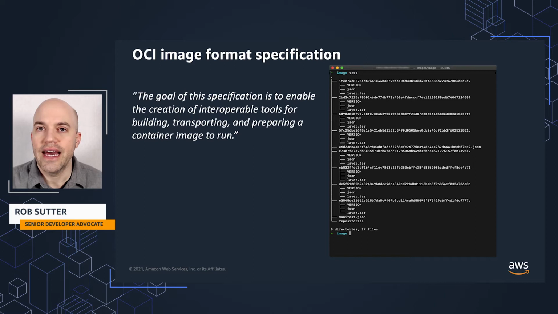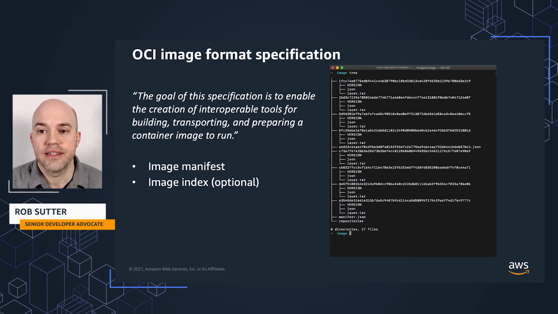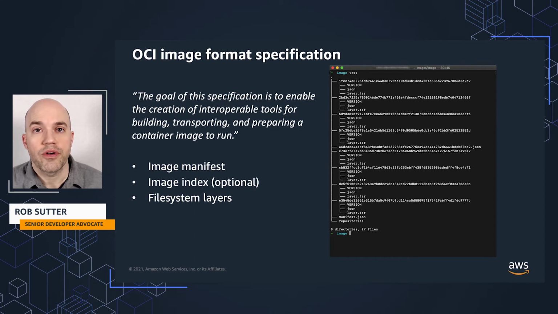There are a few key elements included in an OCI image. First, there's the image manifest, a JSON document that describes the components that make up the container image. There's an optional image index, and the file system layers, the most important part. These layers are layered on in order by dependency and overwrite one another to eventually build an entire file system.